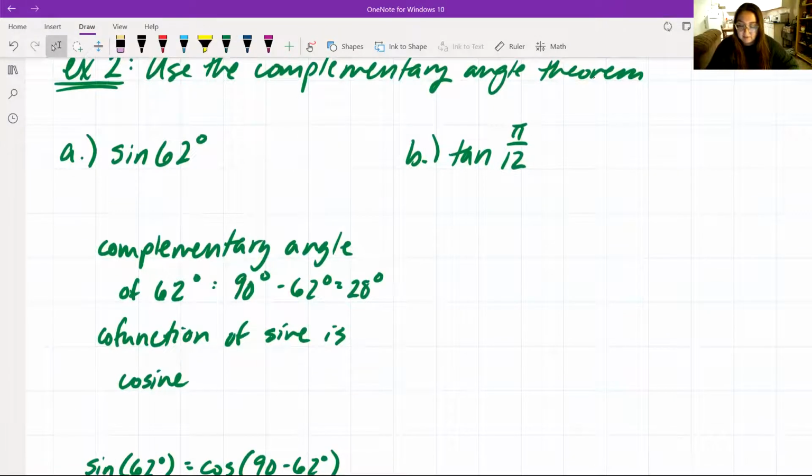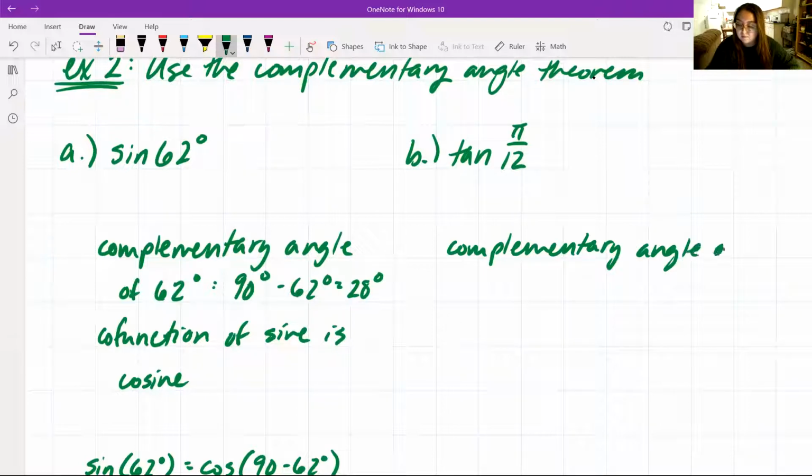Now for B, we have tangent of pi over 12. First things first, let's find the complementary angle of pi over 12. If we're working in radians, we know that the equivalent of 90 degrees is pi over 2.